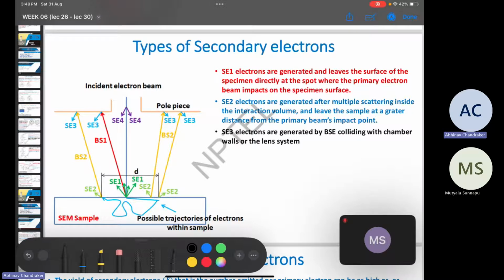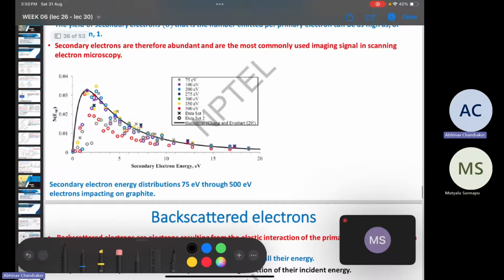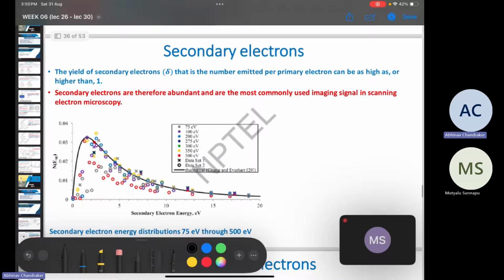And also when the primary electron beam is interacting with the lens arrangement system or the column of the microscope, at that time also the primary electrons can cause some secondary electrons to get emitted, and that can also be captured by the detector. So these are all noise which get generated during SEM. But if the SEM is well made, then usually this is quite insignificant.